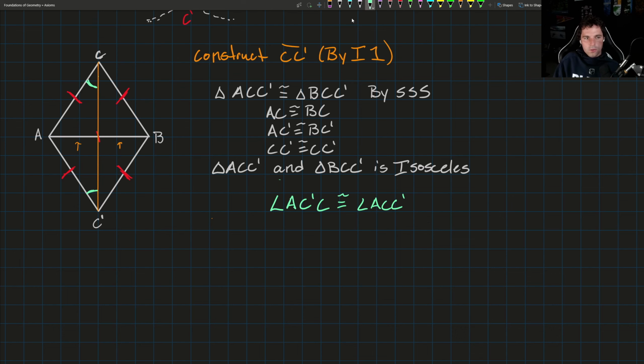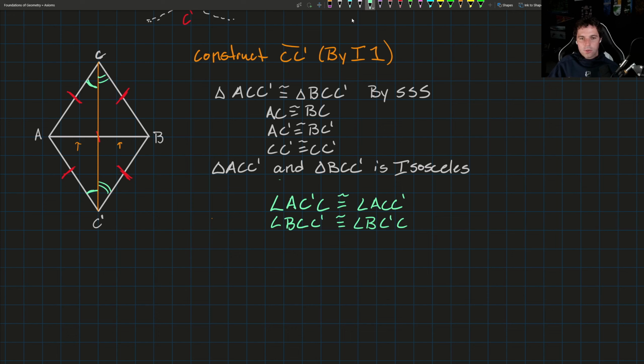And we also know that angle BCC prime is congruent to angle BC prime C. That's based off of the definition and other propositions about isosceles triangles. Isosceles triangles will have base angles congruent.